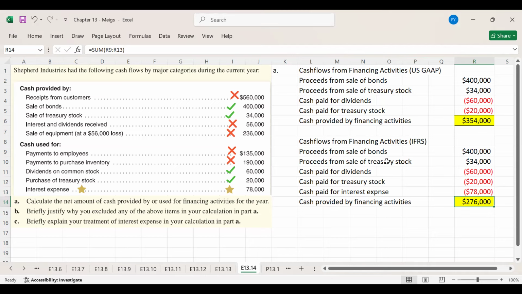That's why companies following IFRS include interest expense in financing activities. While in the United States, under GAAP, interest expense is classified as an operating cash flow on the ground that it is an ordinary cost of doing business and is included in the determination of profit. So this is the classification of interest expense in both cases.